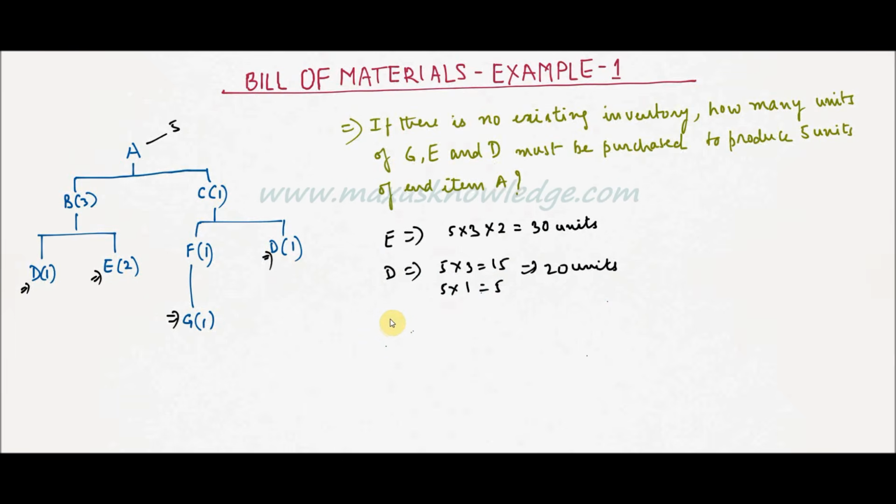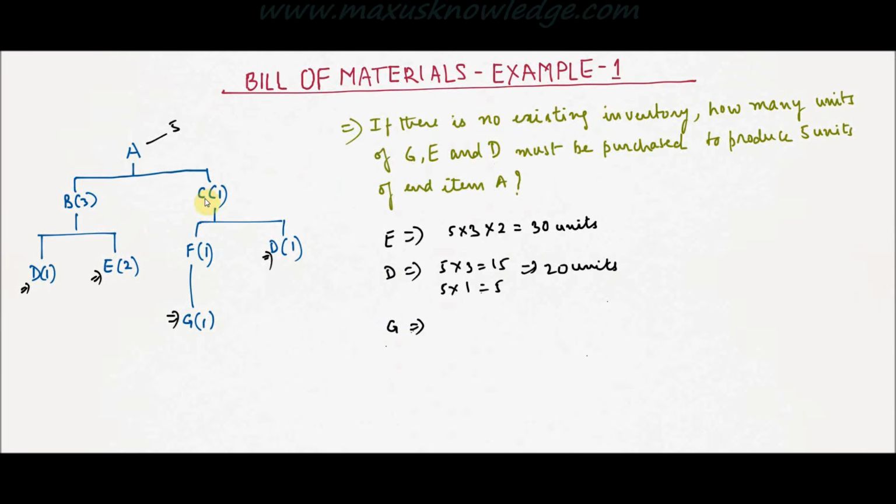Now next, let's look at G. 1 unit of A requires 1 unit of C, 1 unit of C requires 1 unit of F, and 1 unit of F requires 1 unit of G. So basically 1 unit of A requires 1 unit of G. So 5 units of A will require 5 units of G. This will be 5 into 1 into 1 into 1, which will be 5 units.